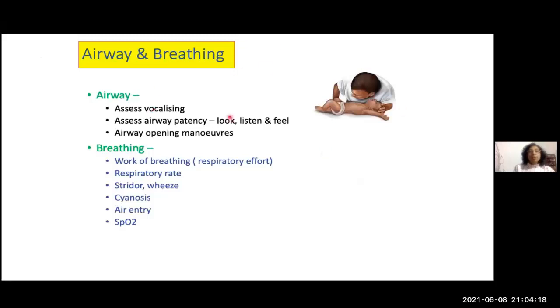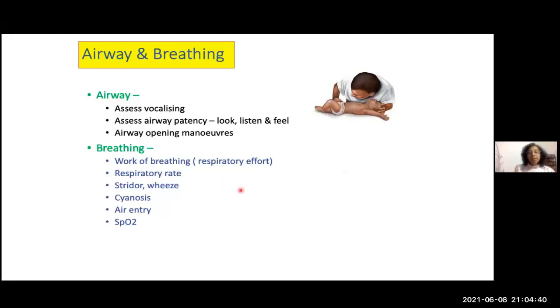So how do you assess the airway and breathing? If the child is vocalizing, you can assume the airway is patent. If not, you have to perform look, listen, and feel for the airway movement, and then institute airway opening maneuvers. I'm not going to go into that detail.